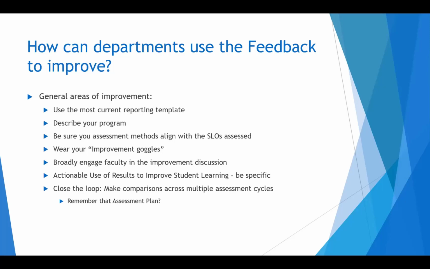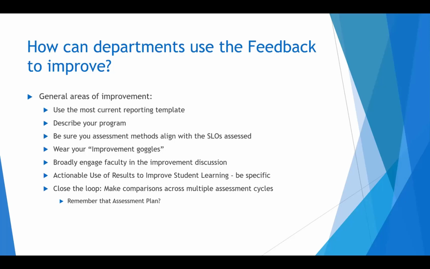And then another area, and this is the last one, to close the loop. What they mean by closing the loop is making comparisons across multiple assessment cycles. So each assessment report, if you look at it annually, is kind of a snapshot of what the data told you for that year. But remember, most of you have assessment plans out there.